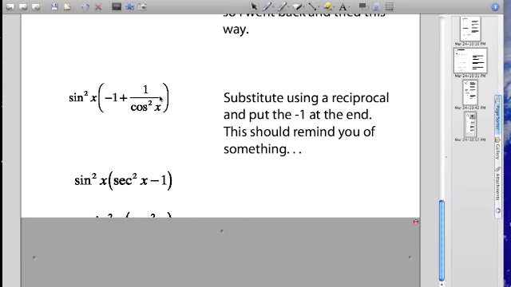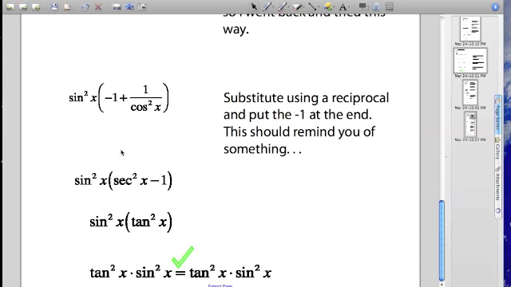Okay, putting the -1 at the end and putting my secant squared x at the front, I get sine squared x times secant squared x minus 1. And to finish it off, we substitute that for tangent by using my Pythagorean identity. This would be the reciprocal identity to go to secant squared. Pythagorean identity comes in here, and then I rearrange it a little bit, just putting the tangent first because that's the way it is in the other problem on the other side. And you get a tangent squared x times sine squared x on both sides of your equation, and that finishes it up.